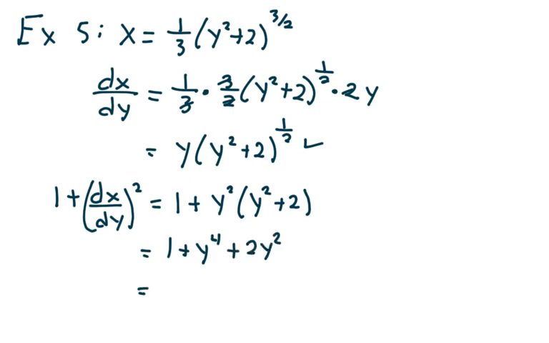And so if you don't mind, I'm going to write this as y squared plus 1 to the second power. Makes it nice. Now, by the way, for this example, y lives between 1 and 2.